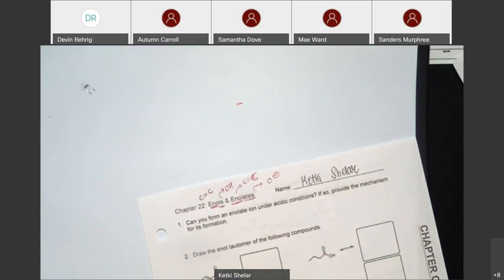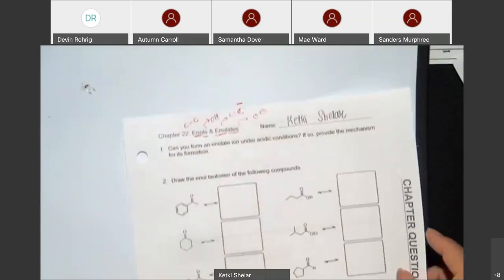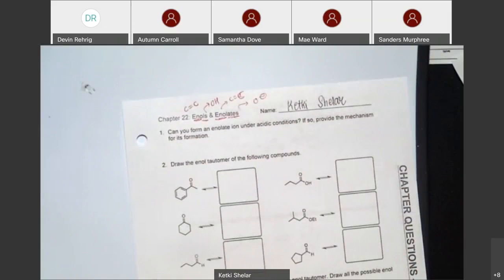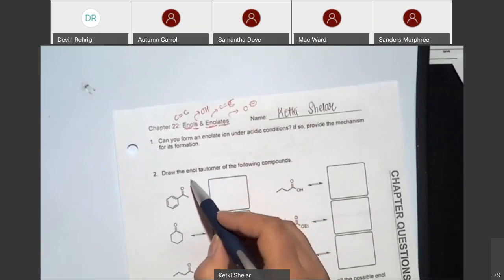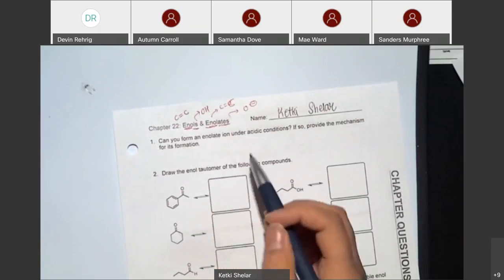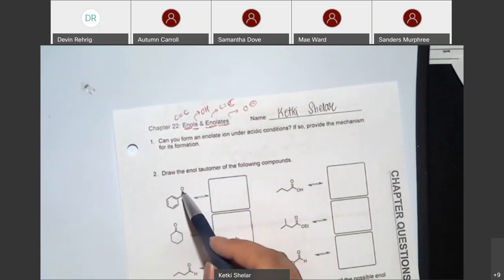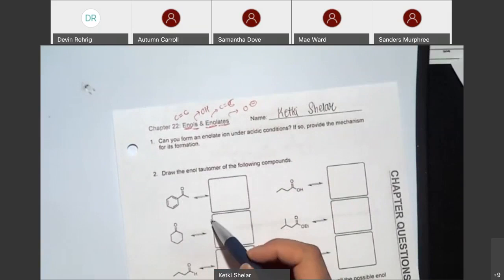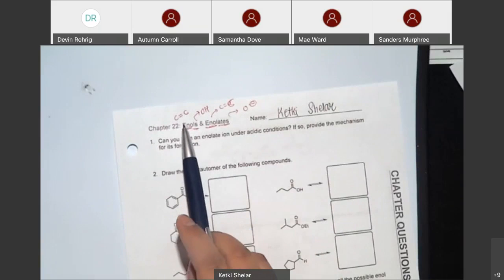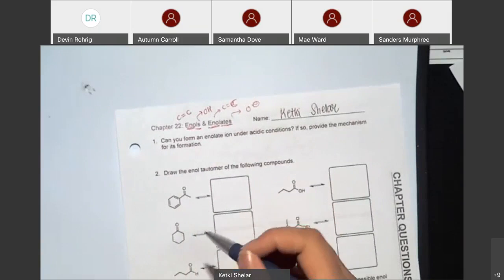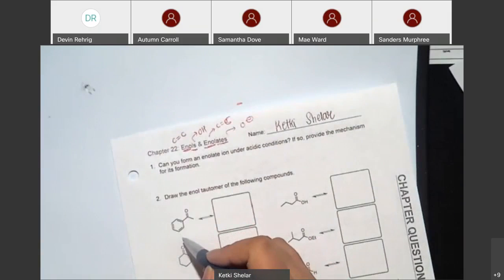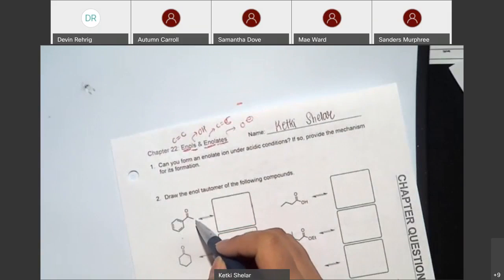That's the difference. In your exam, you may be given a few questions like this, so you need to understand whether they have written enol or enolate. Here it is saying enol tautomer, so it will be C=C with OH. Let's start with benzyl COCH3.